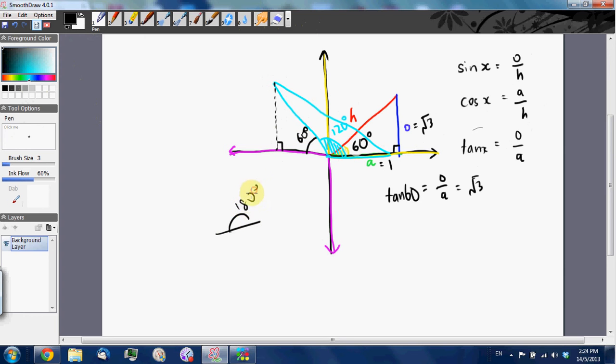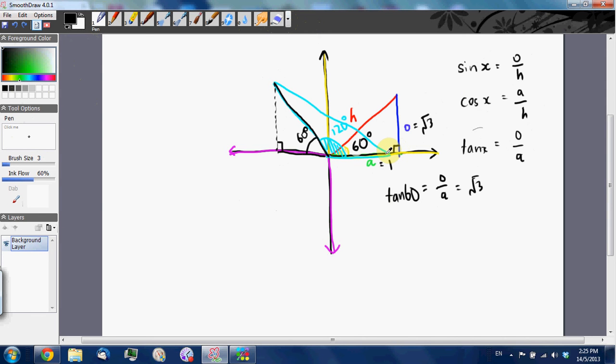So if this is 120, then this has to be 60. When you see this 60 here, it actually looks like a right angled triangle on this side, the same as this one.